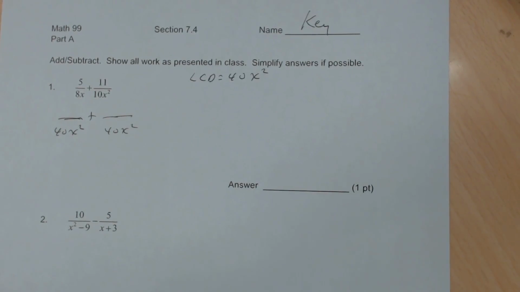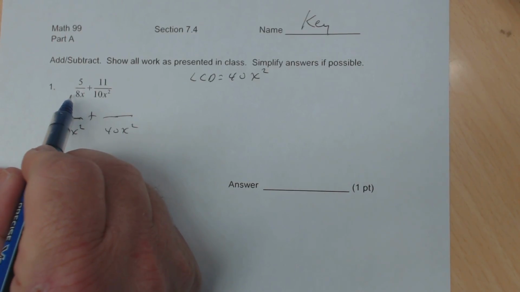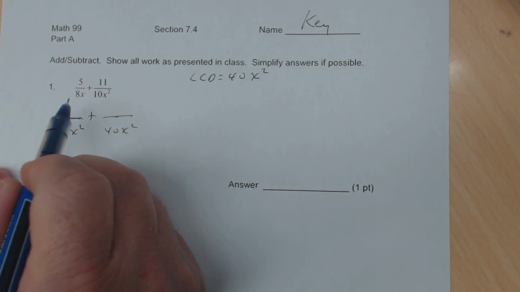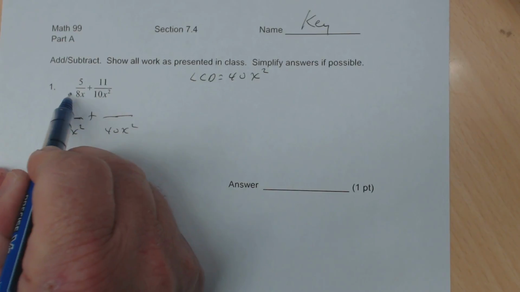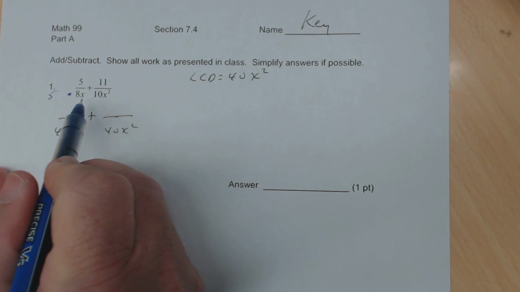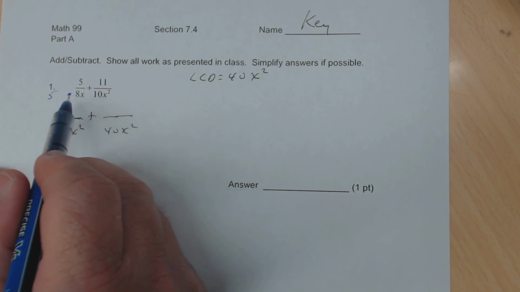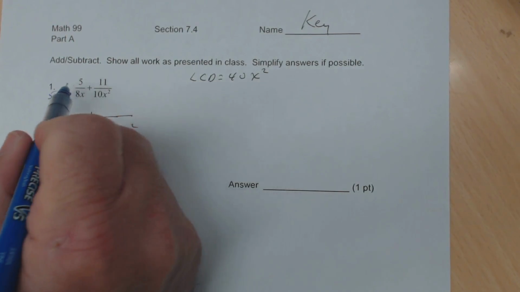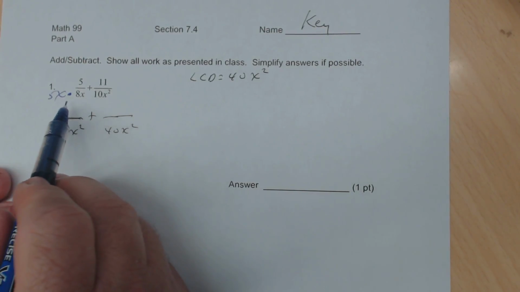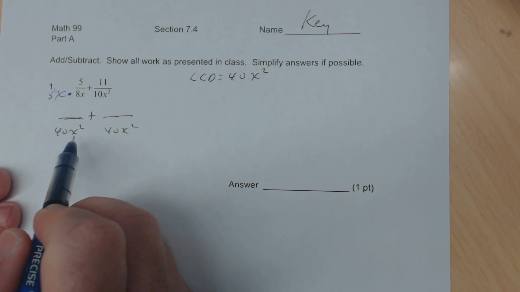All right. So basically, you're asking yourself, 8 times what is 40? Well, I've got to multiply 8 by 5 to get 40. Then you ask yourself, all right, now I need an x squared. I have an x, but I need an x squared. So x times what is x squared? And so the answer is 5x. So always check yourself. 5 times 8 is 40. X times x is x squared.